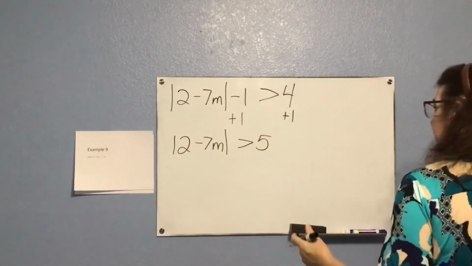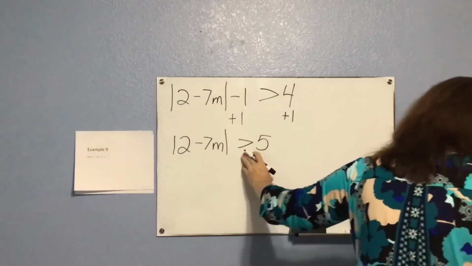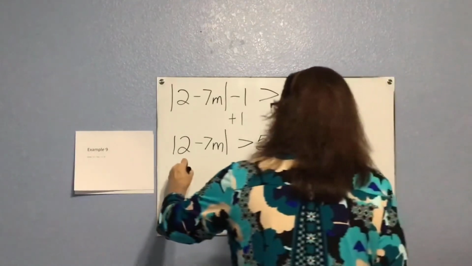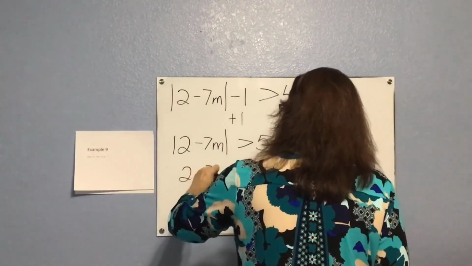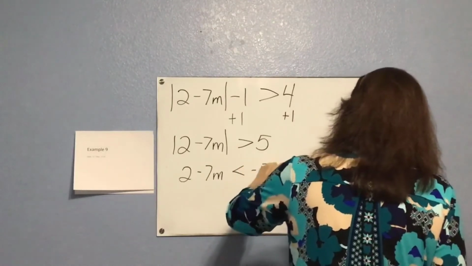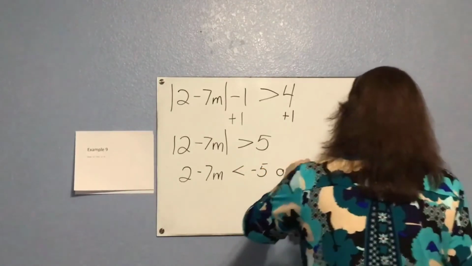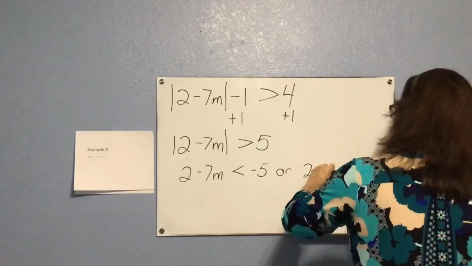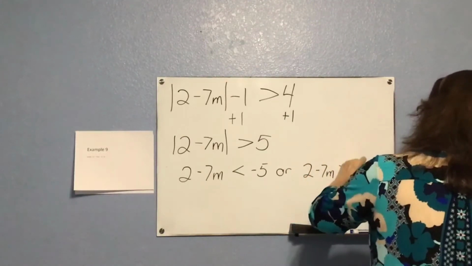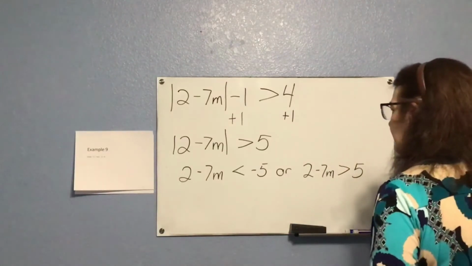Okay, now we're going to use the second property because I've got the greater than symbol. And so I'm going to have 2 minus 7m less than negative 5, or 2 minus 7m greater than positive 5.